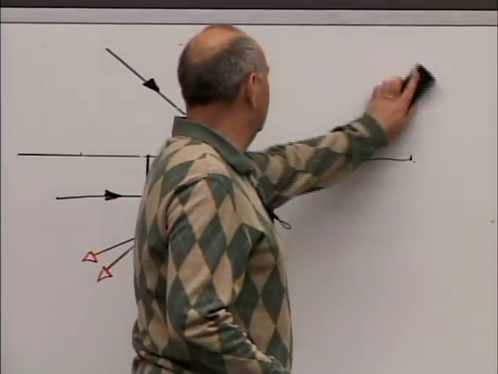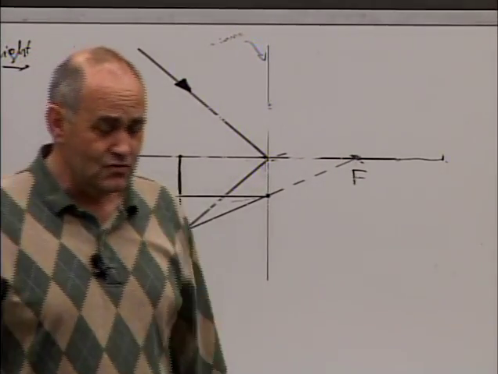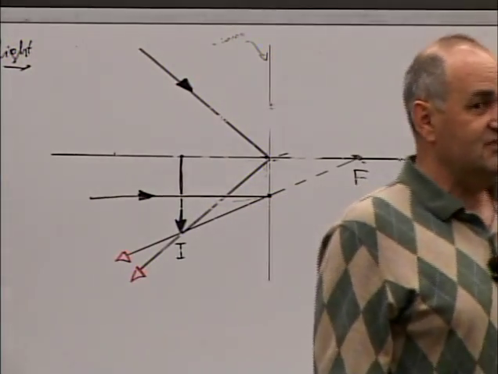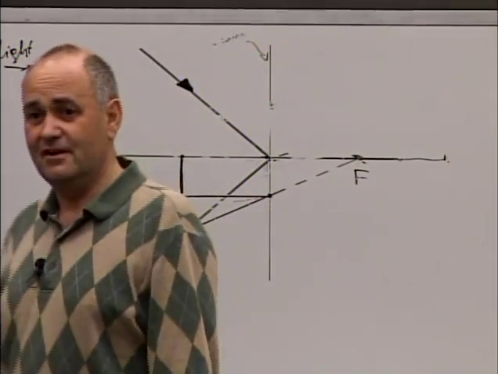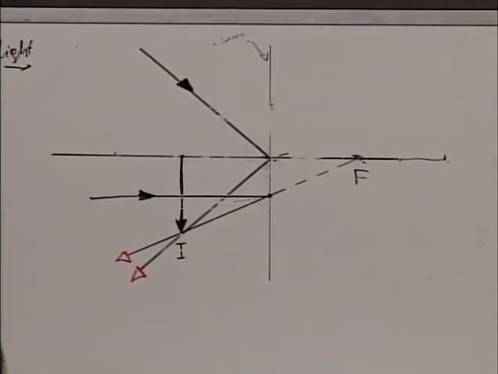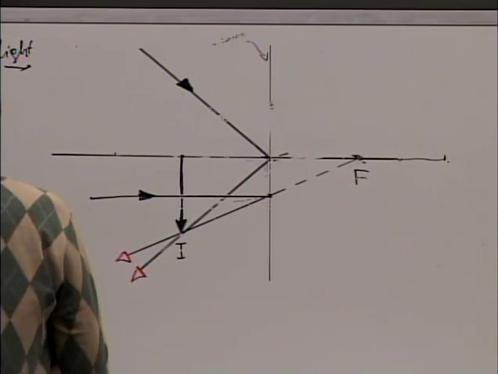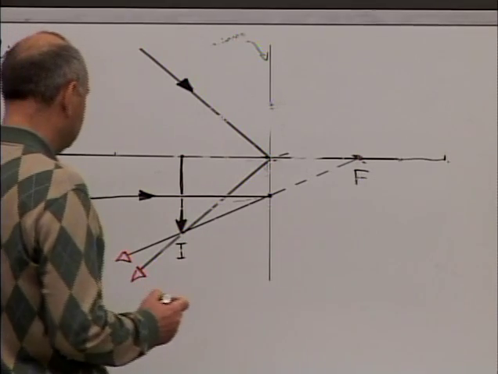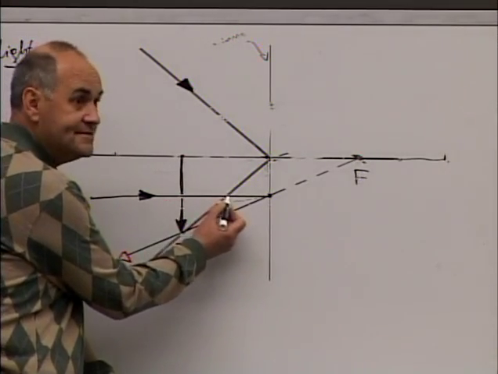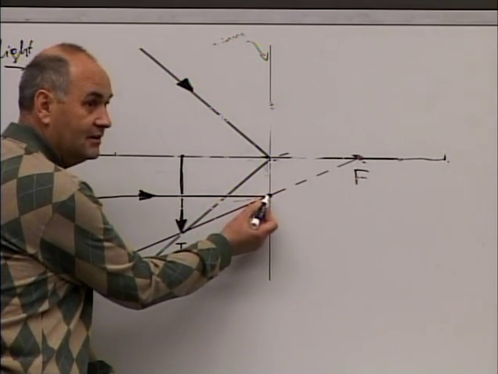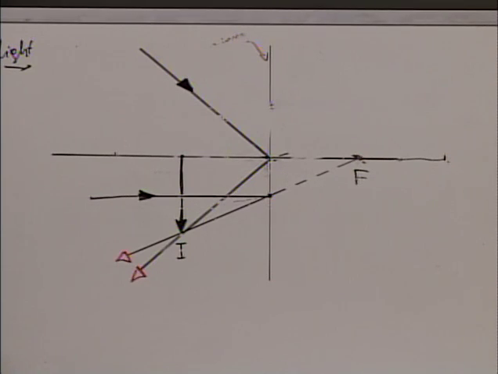All right. I think that having two rays is sufficient to identify the location of the object. However, where is it? Let's try. Is it here? No. Here? Here. So where is it?